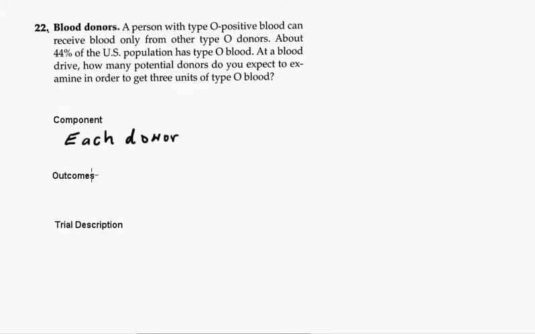And the outcomes would be that they either have type O blood or not type O. It looks like for type O blood there's a 44% chance, which means there's a 56% chance that they're some other type. So what are we going to do?